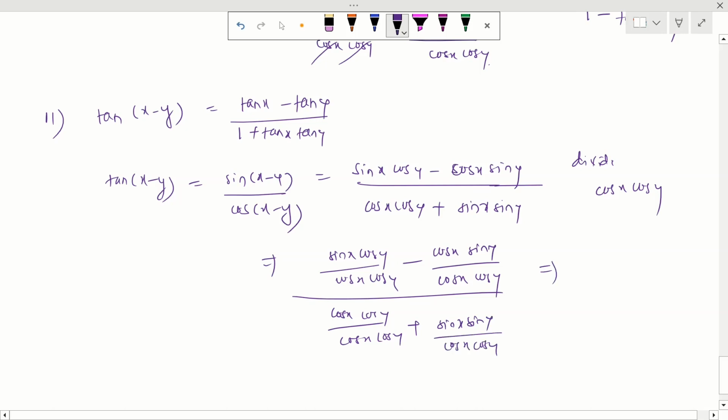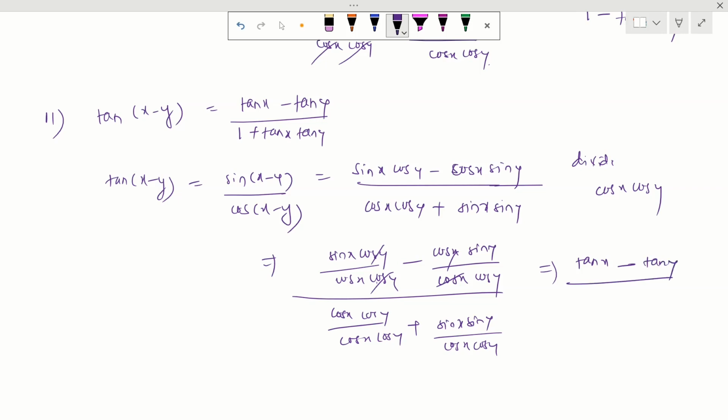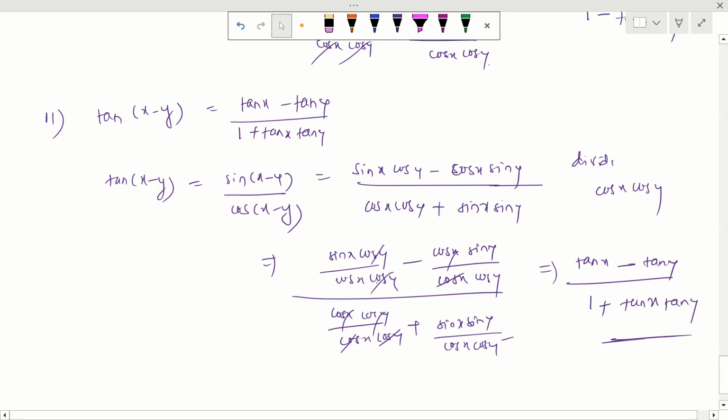Here cos y will get cancelled, then sin x by cos x is tan x. Here minus, cos x will get cancelled, sin by cos is tan y. In the denominator the cos terms get cancelled, 1 plus sin x by cos x is tan x, sin y by cos y is tan y. Okay, this is proved.